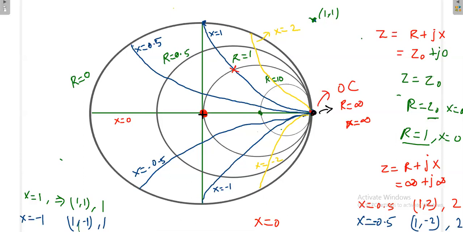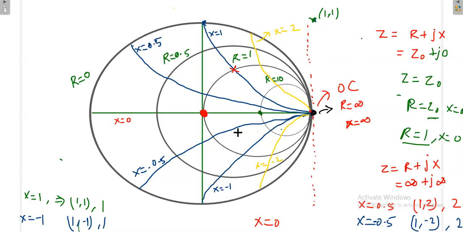Now I will draw one imaginary line like this. If it is the x-axis, I can write it as x equal to 1, but don't confuse it with the capital X. Once you observe, all the center points of the reactance circles will come on this line.